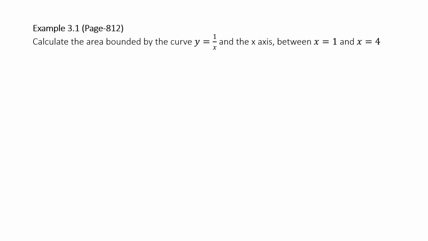Let's go to an example from the book. This is the function 1 by x, which you can write as f of x. We are going to calculate the area under this curve and between the x-axis from 1 to 4, not the whole area, just between 1 and 4.